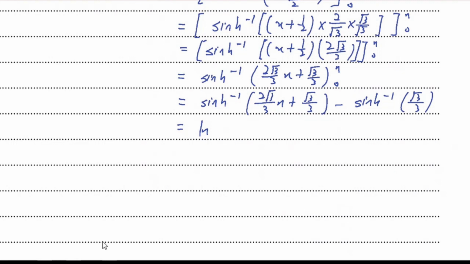Let me check the MF90 for a while. So the form is okay. I'll write you the formula here. Arcsinh of x is ln of x plus the square root of x squared plus 1, like that.